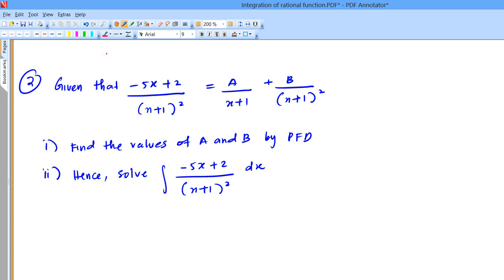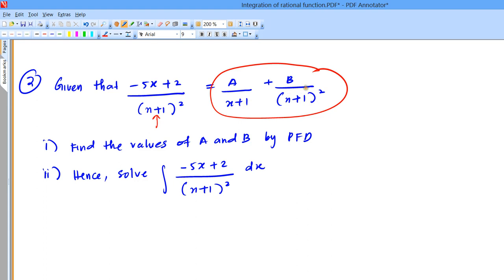So for the first solution, for 1 Roman, to write in the form of this partial fraction, we need to factorize the denominator. Since based on the question, this denominator is already in factorized form, we have x plus 1 square, so we can write as x plus 1 times x plus 1 square, or a over x plus 1 plus b over x plus 1 square.